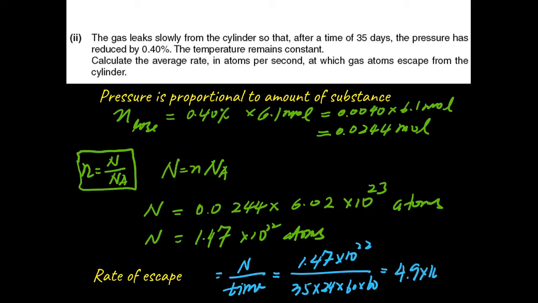That gives us 4.9 times 10 to 15 per second. This means, on average, 4.9 times 10 to 15 molecules escaped every second.